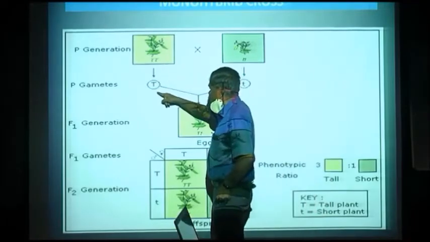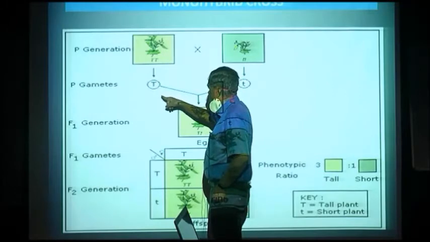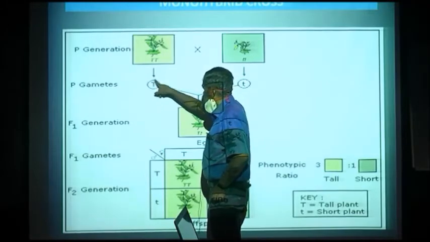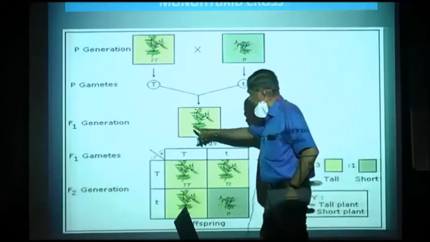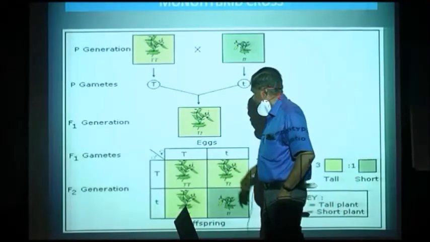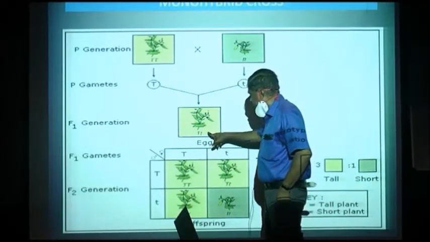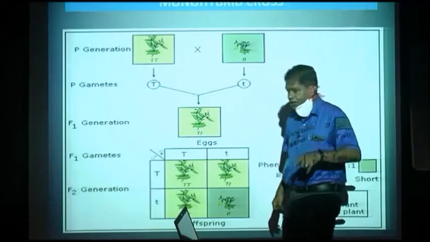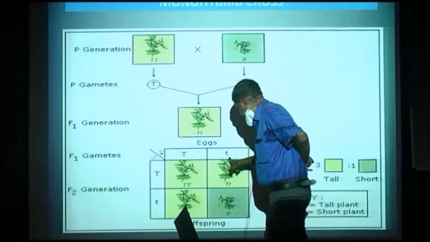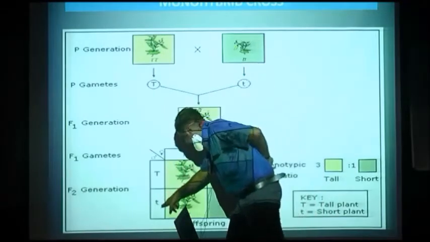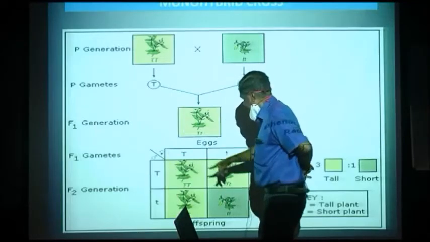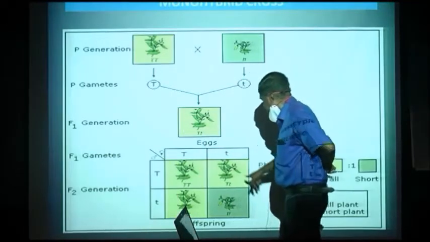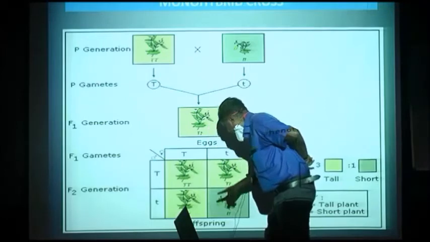During gamete formation in the parental generation, capital T comes to one gamete and small t comes to the other gamete. And in the hybrid, that is F1 generation, capital T, small t are together. Here you get two types of gametes, capital T, small t, from male and female. And when they are together, you get three tall, one dwarf.